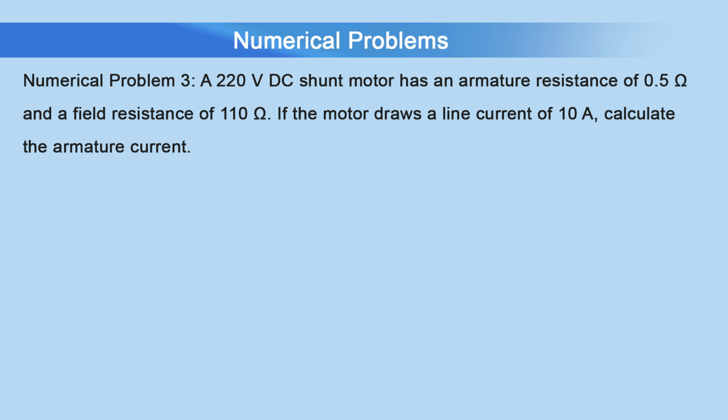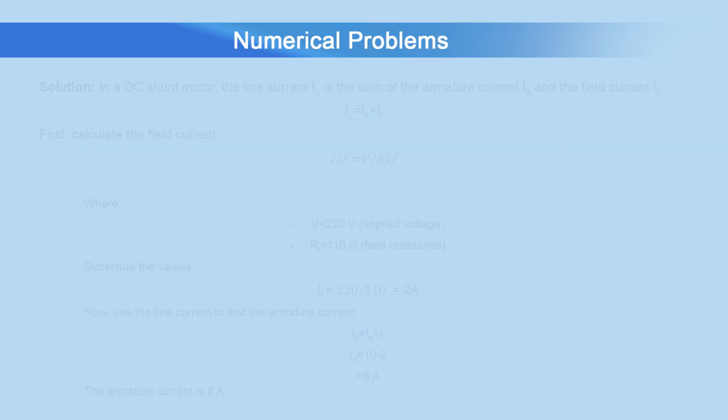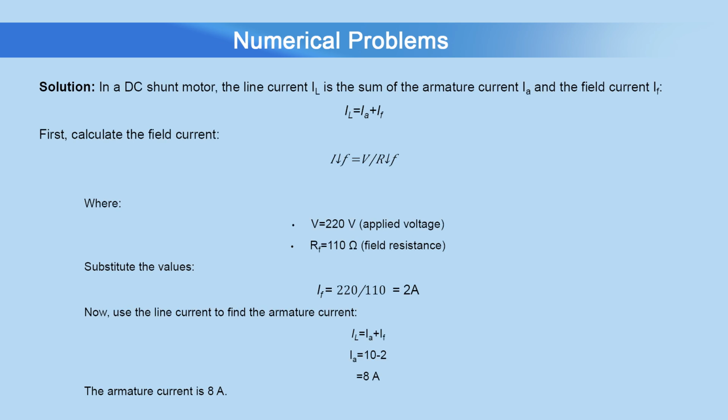If the motor draws a current of 10 ampere, calculate the armature current. The total voltage applied and the resistances of the field winding and armature winding are given.